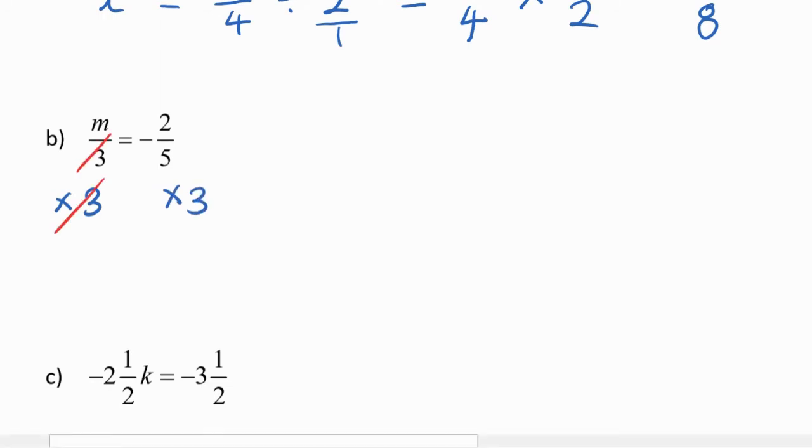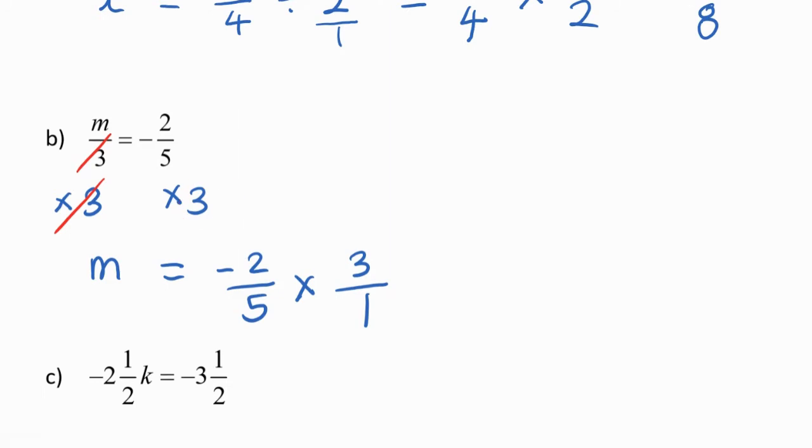Then this will cancel, and I have m equals negative 2 over 5 times 3 over 1. As I said, you can move this negative to the top or to the bottom. I have moved this to the top here. So I have negative 2 over 5 times 3 over 1, because the 3 is the same as 3 over 1.